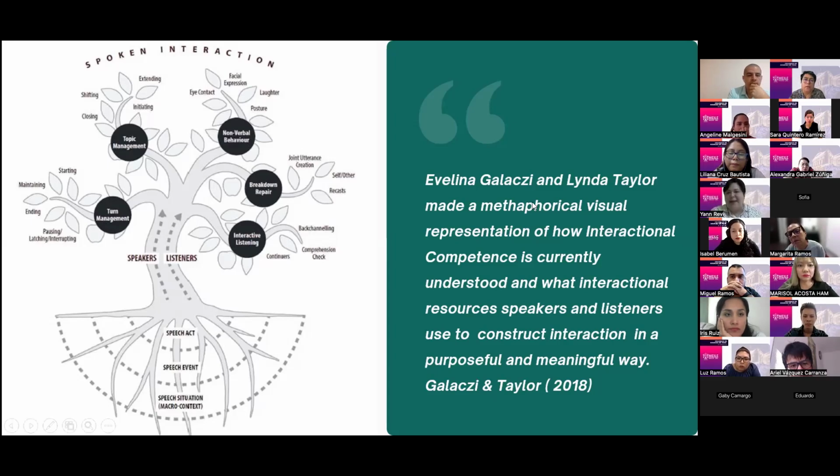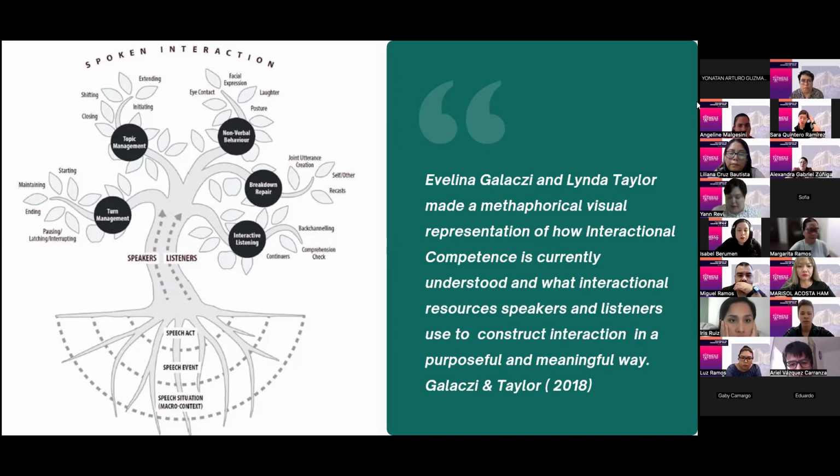So Evelina Galazzi and Linda Taylor, in order to help us as professors have an idea of the elements of spoken interaction, made a metaphorical visual representation in the form of a tree of how interactional competence is currently understood, and what interactional resources speakers and listeners use to construct interaction in a purposeful and meaningful way.